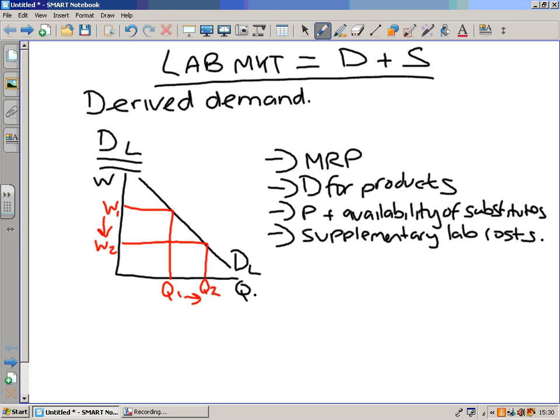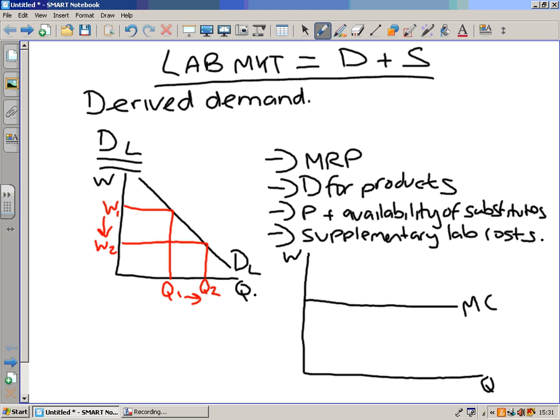Right, now let's draw a diagram to illustrate how a business will decide how many people to employ. So we've got the wage rate on the vertical, quantity on the horizontal axis. What I'm drawing here is the marginal cost of labour.